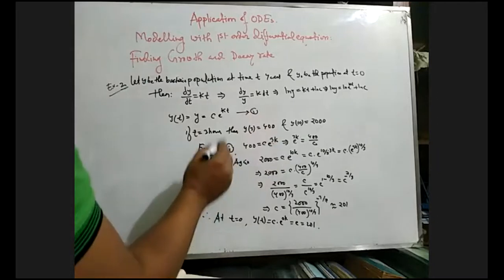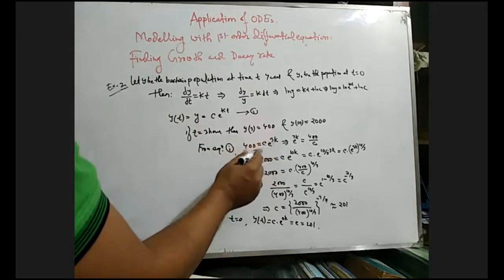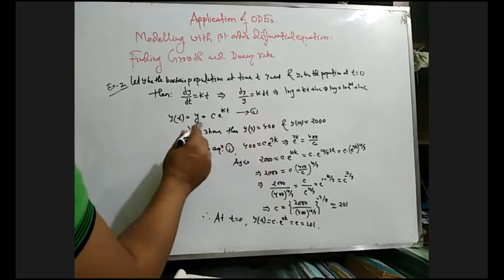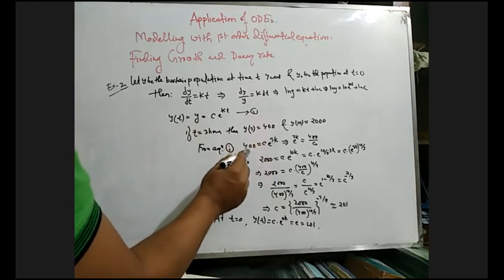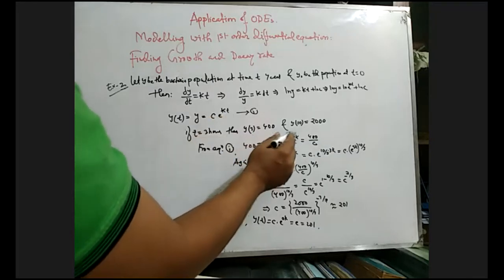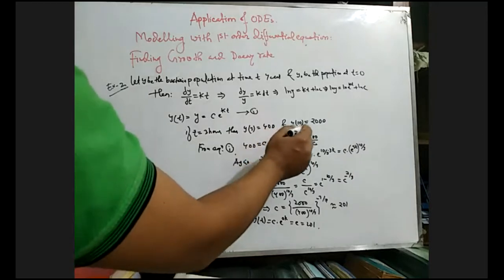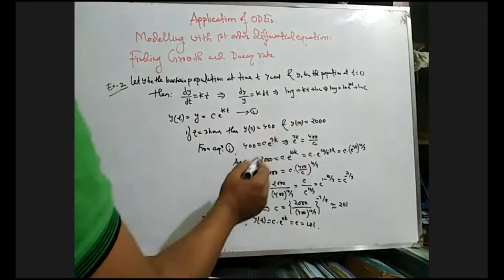From equation 1, at time t equals 3 hours, the bacteria population is 400, c into e to the power 3k. So e to the power 3k equals 400 by c. Now again after 10 hours, 2000 bacteria.